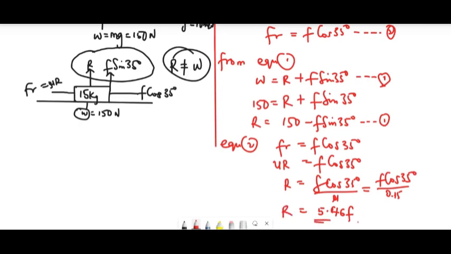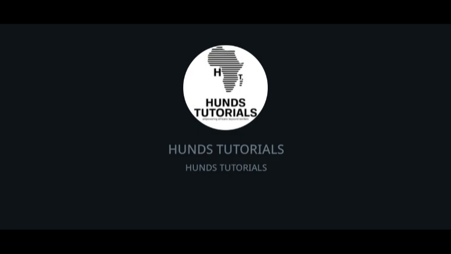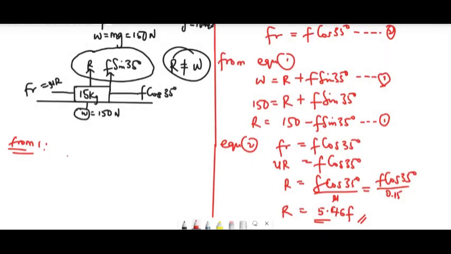And I could just substitute that value of R into equation 1. So from equation 1 now, what am I going to get? R is equal to 150 minus F sine 35 degrees. That's still my equation 1, right?